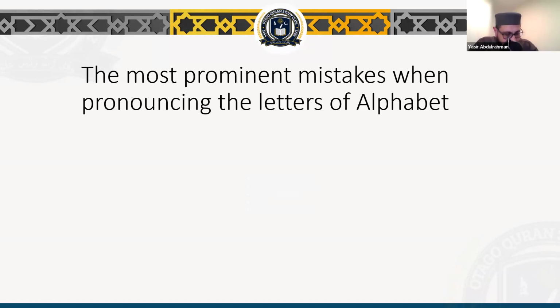Same thing with the next example, وإذا السماء كشطت, which becomes وإذا السماء قشطت, because the word قشطت in Arabic has a very close meaning to كشطت, so people confuse the two words together.